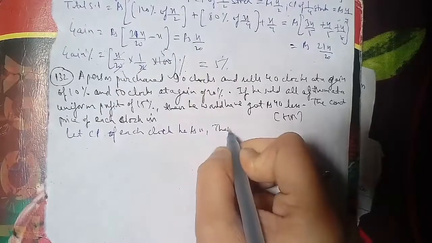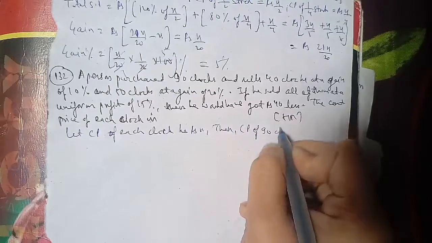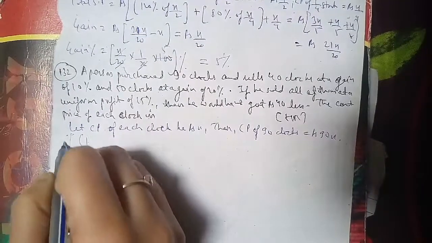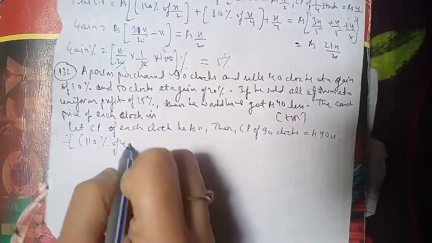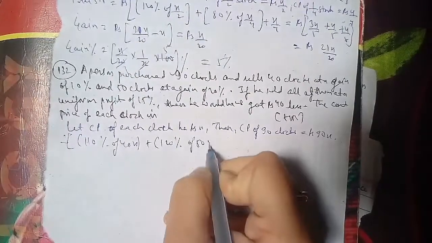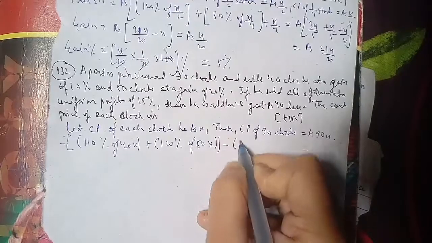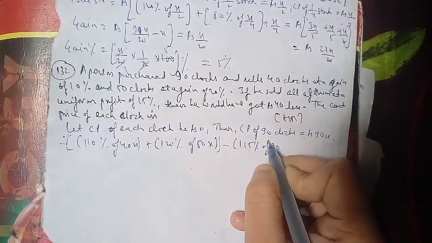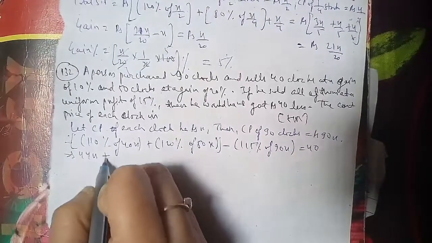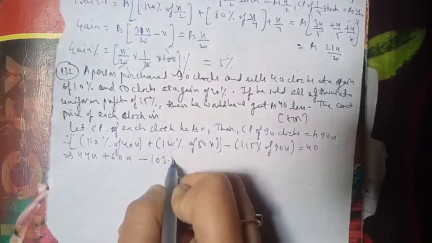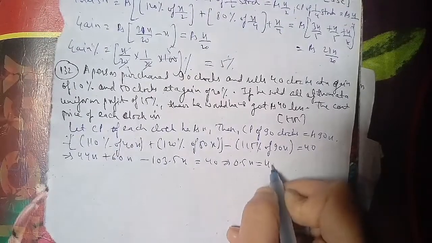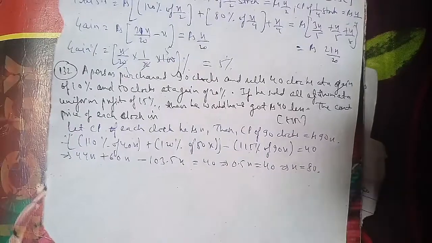Then the cost price of 90 clocks equals rupees 90x, that is 110% of 40x plus 120% of 50x minus 115% of 90x equals 40. So 44x plus 60x minus 103.5x equals 40, 0.5x equals 40, and x equals 80. That we get as an answer.